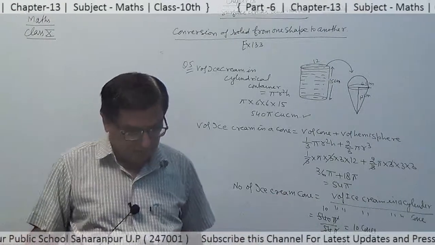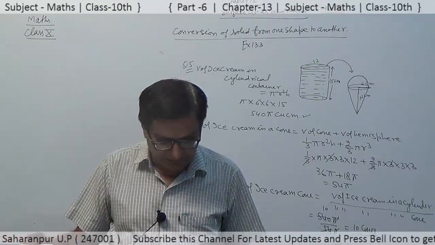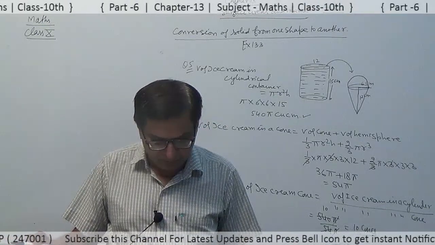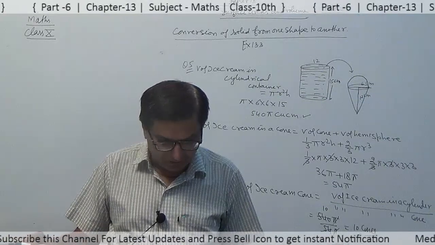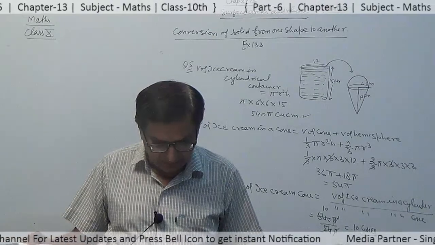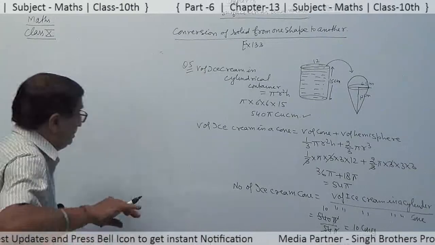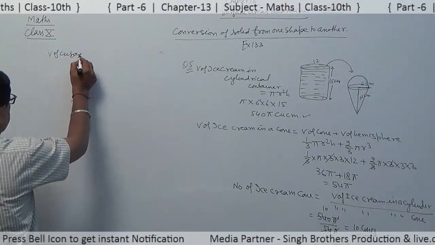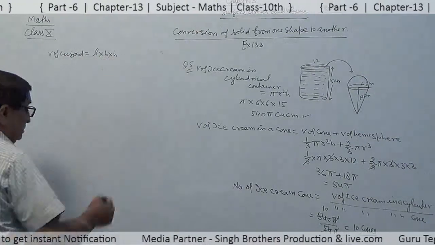Next, question number 6. How many silver coins 1.75 centimeter in diameter and of thickness 2.2 millimeter must be melted to form a cuboid of dimension 5.5 by 10 by 3.5? So, volume of cuboid is length into breadth into height.